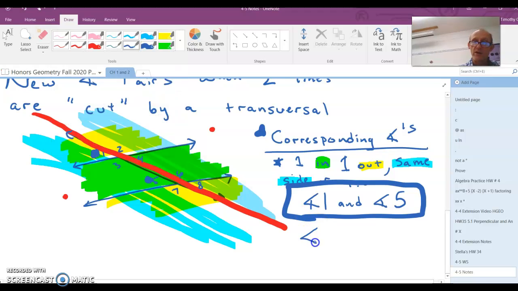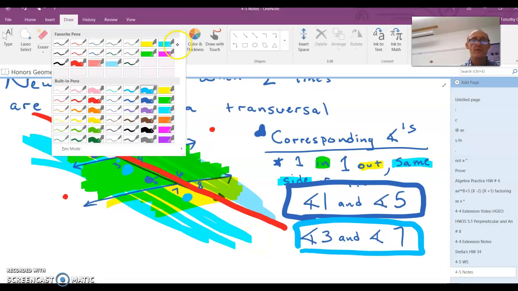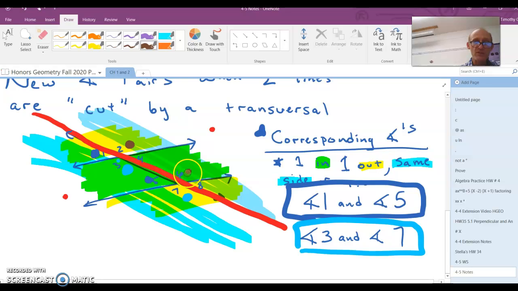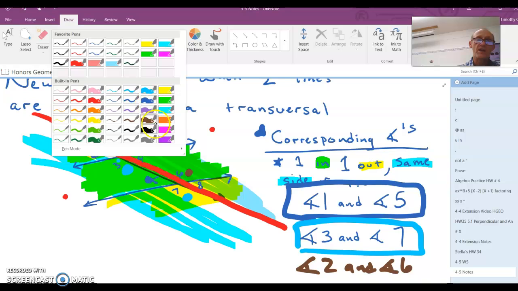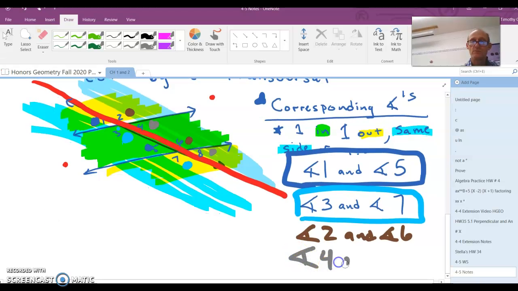Angle 3 and angle 7 are corresponding. Now we go to the other side of the transversal, and angle 2 and angle 6 are corresponding. And the last set of corresponding angles would be angle 4 and angle 8. So, corresponding angles, one in, one out, same side of the transversal.